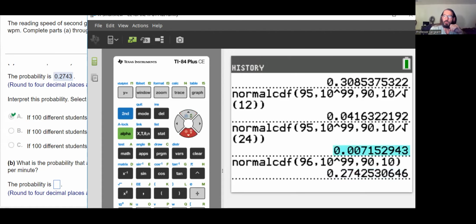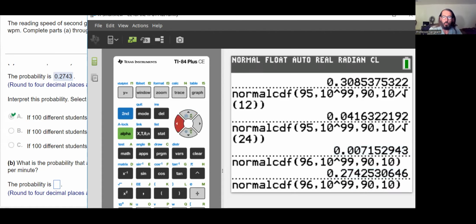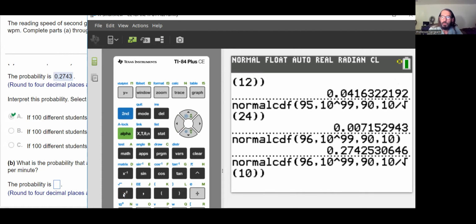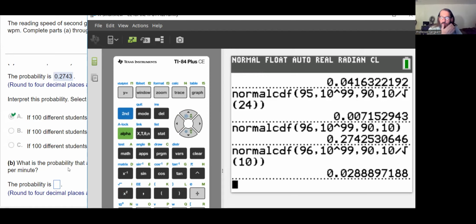So it's changing here when we have this dash T question, where we're expected to use technology, is that instead of sigma, we'll have sigma divided by square root of n. In this case, 10 is divided by square root of 10. Notice how that got much lower.